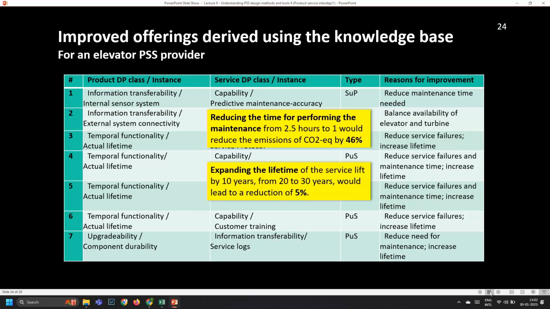There is another idea that came up with this combination and also brainstorming. That one was product life extension.